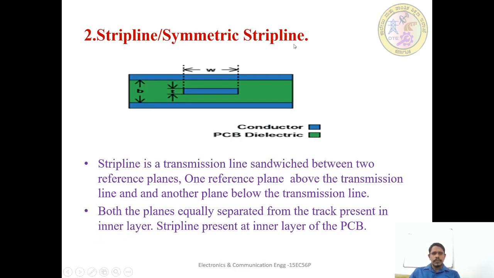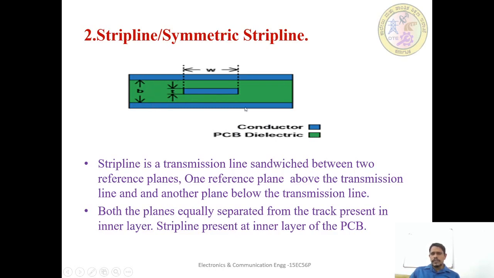Strip line, symmetric strip line. Here it shows the strip line pattern. This is the signal carrying conductor. W represents the width of the signal carrying conductor. T represents the thickness of the signal carrying conductor. B represents the separation between the reference planes.